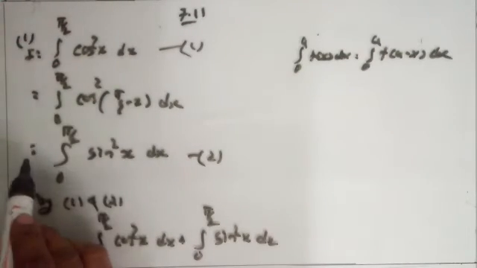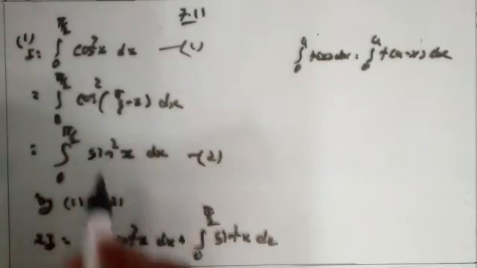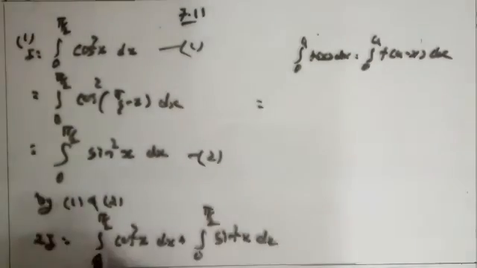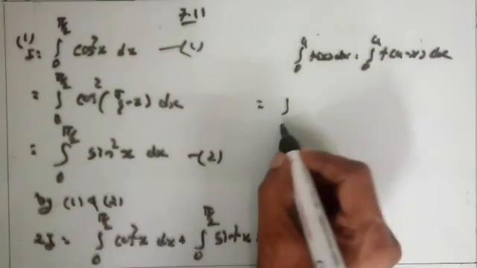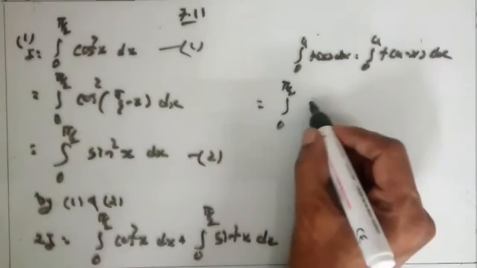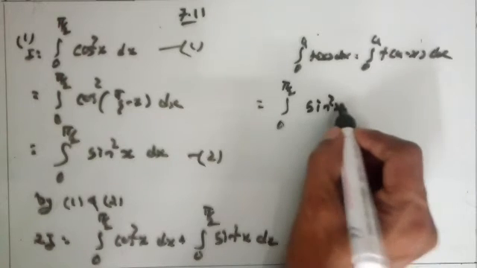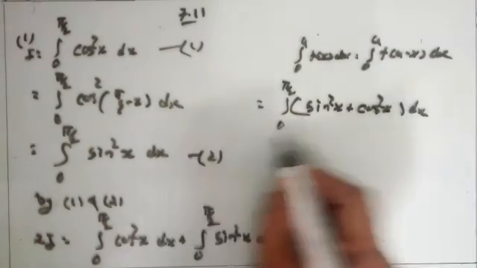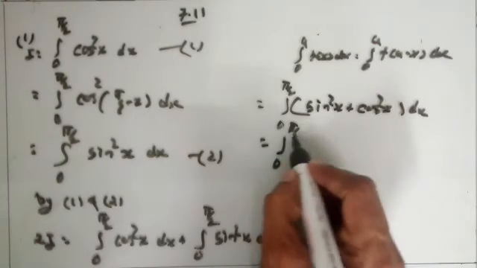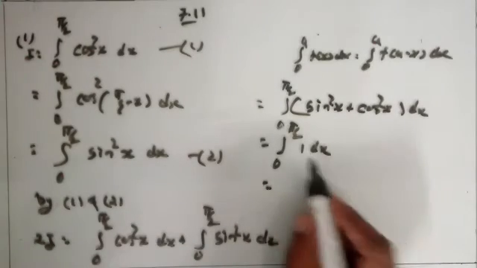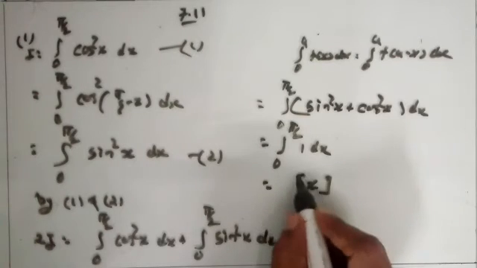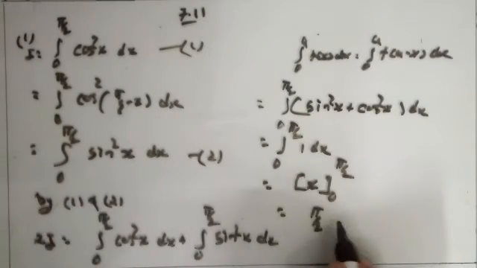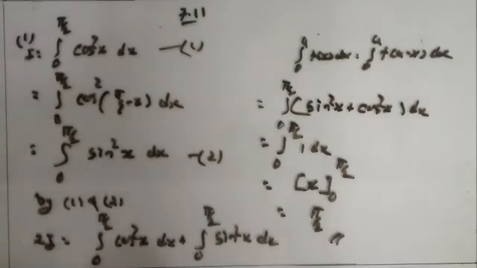I plus I becomes 2I, 0 to pi by 2 cos square x plus 0 to pi by 2 sin square x, which is equal to 0 to pi by 2, take outside, so it becomes sin square x plus cos square x, and this is equal to 1. So 0 to pi by 2 1 dx is equal to, integration of 1 is equal to x, from 0 to pi by 2. Clear? So this becomes pi by 2 minus 0, which is pi by 2. Okay, answer.